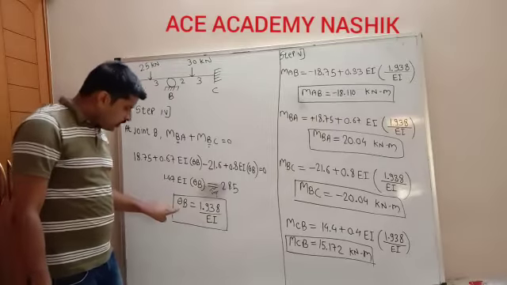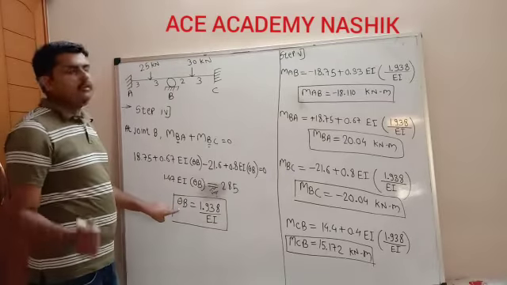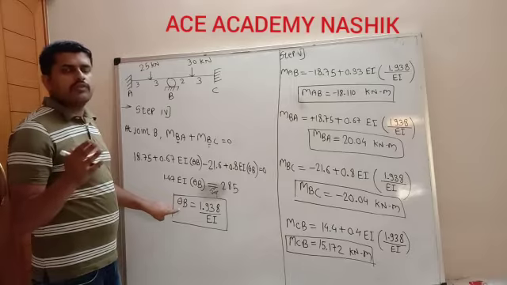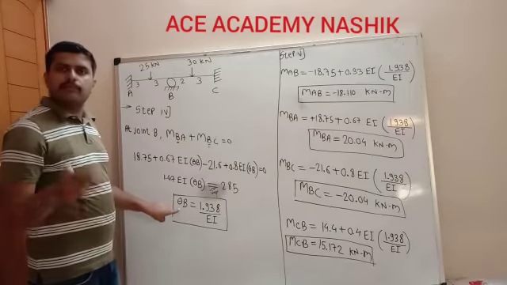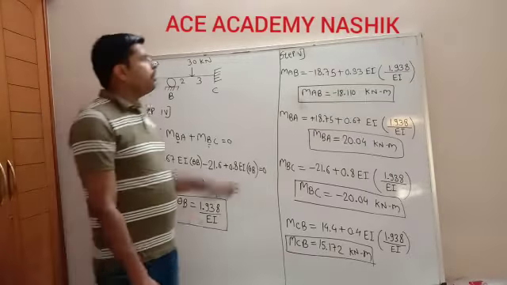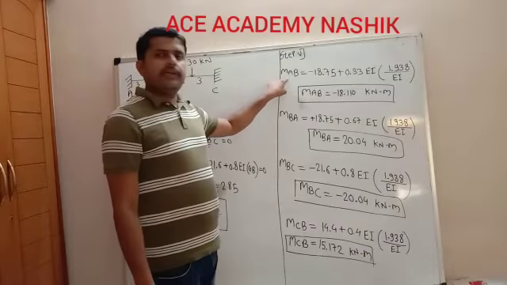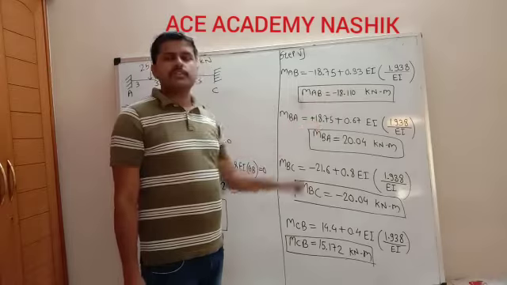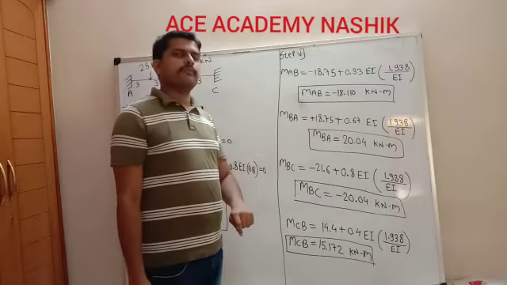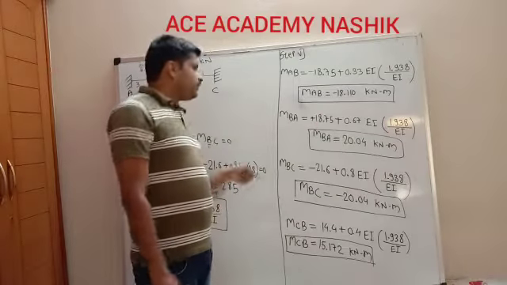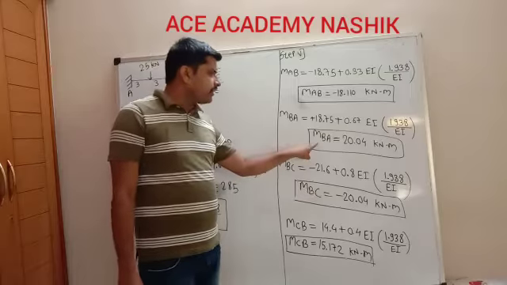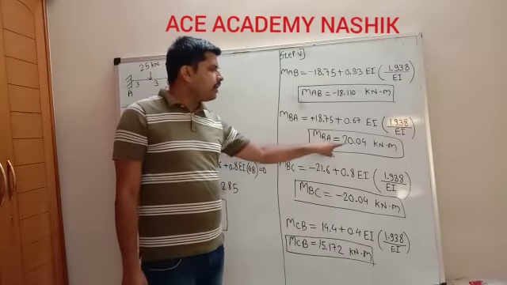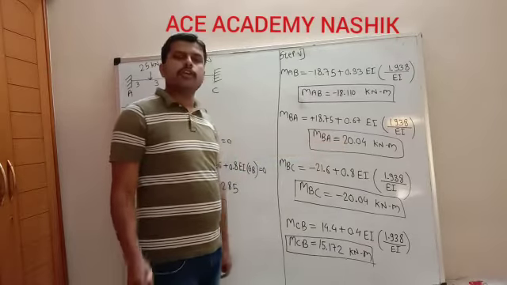Put the value of theta B in all 4 equations which we calculated in step number 3. So MAB is equal to minus 18.110 kilonewton meter. Putting the value of theta B in equation 2, we get MBA as 20.04 kilonewton meter.